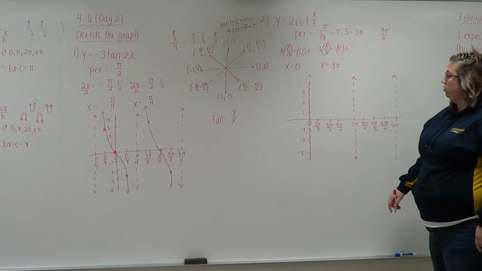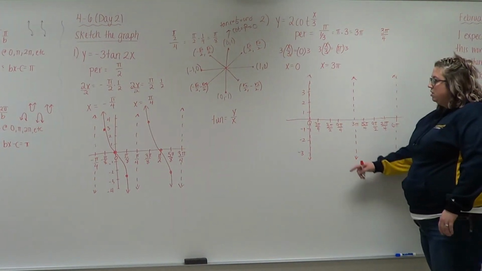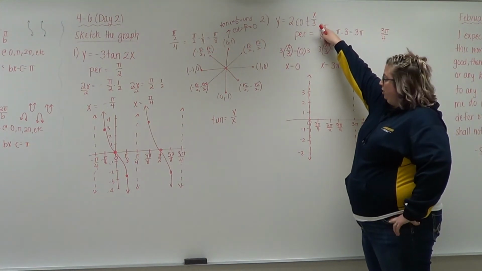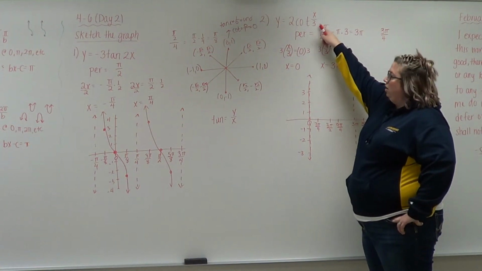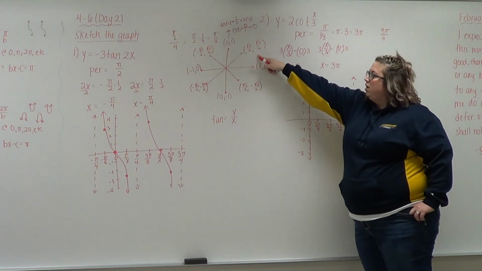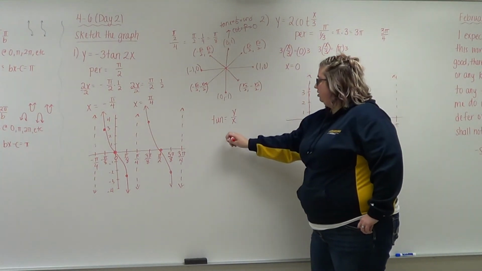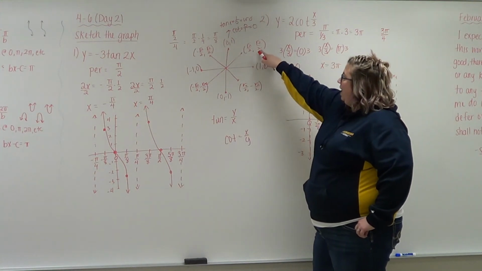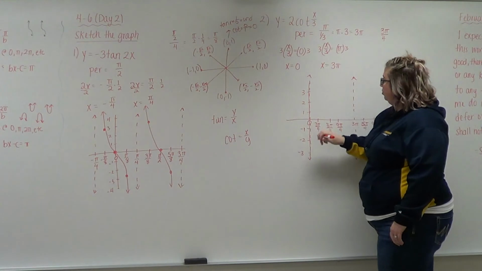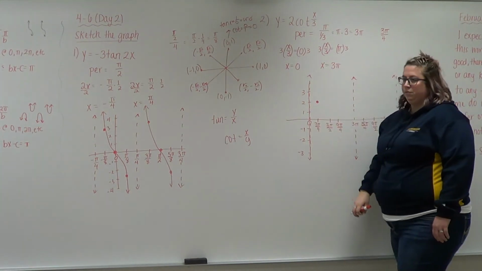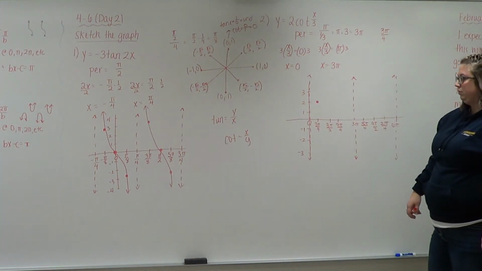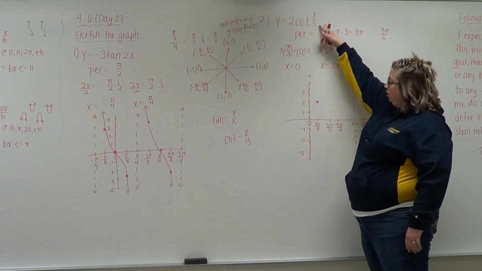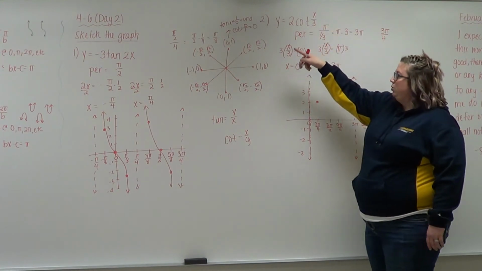I just use the unit circle because I think that's the easiest way. So 3 pi over 4 times 1/3, the 3's cancel, so I'm at pi over 4, which is up here. Cotangent is x over y. So x over y, I get 1, times 2 is 2. 3 pi over 2 times 1/3, the 3's cancel, so it's pi over 2, which is up here.